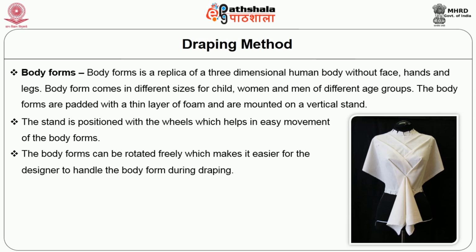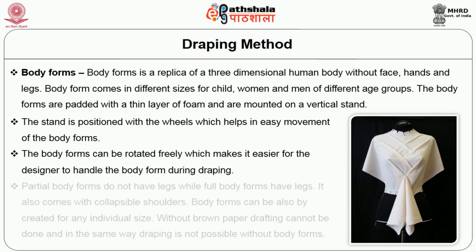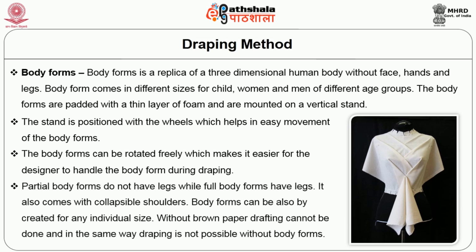The body forms can be rotated freely, which makes it easier for the designer to handle the body form during draping. The partial body forms is also available which does not have legs, while the full body forms have legs. It also comes with collapsible shoulders.